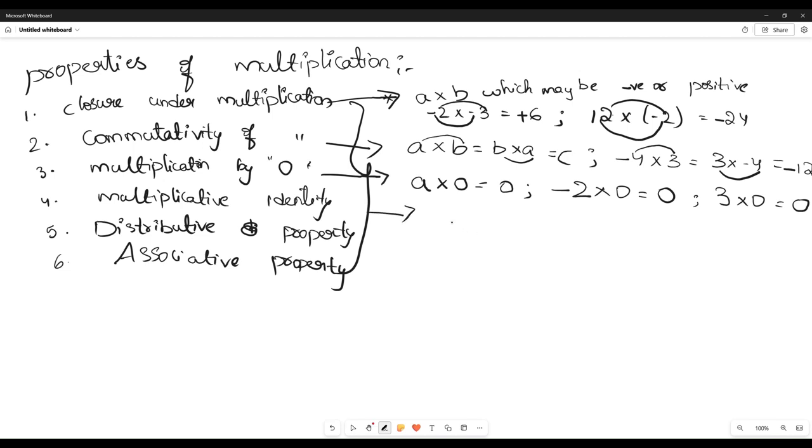Multiplicative identity means A into 1. We know the multiplicative identity of whole numbers is 1. So, for integers also, multiplicative identity is 1. A into 1 is A. When we multiply with 1, we always get the same number. Like 2 into 1, we get 2. Minus 5 into 1, we get minus 5. It doesn't change.